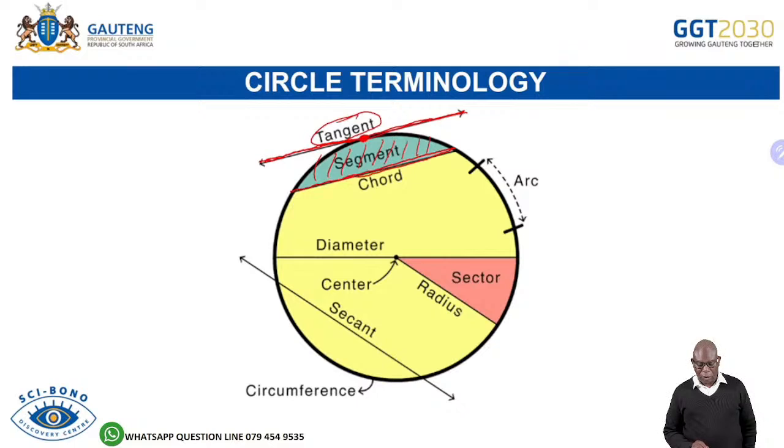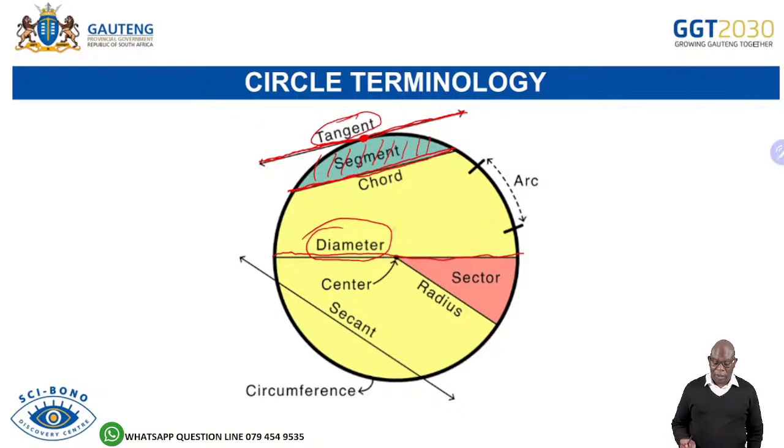A chord is a line that does not pass through the center of the circle. Once that chord passes through the center of the circle, then that chord is now called a diameter. So if I take that chord and move it and it passes through the center, then it changes its name. It becomes a diameter.